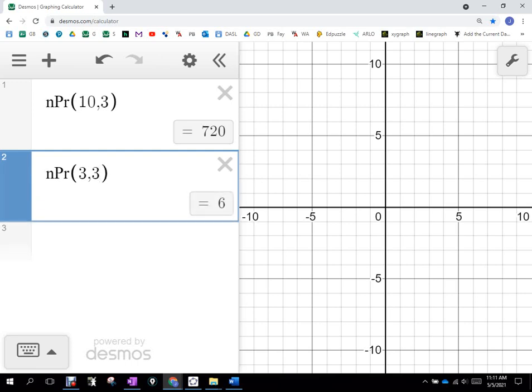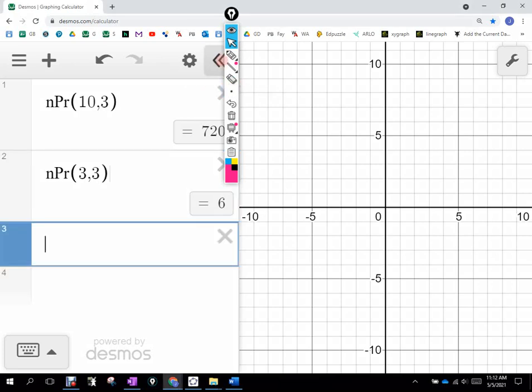Think about this: if I had 3 people to choose 3 of them, how many different ways can I do that? You can actually do it 6 ways. Remember, that's because order matters, right? So if I've got 3 people, let's say Jake, Brandy, and Clyde, and I want to choose all 3 of them.